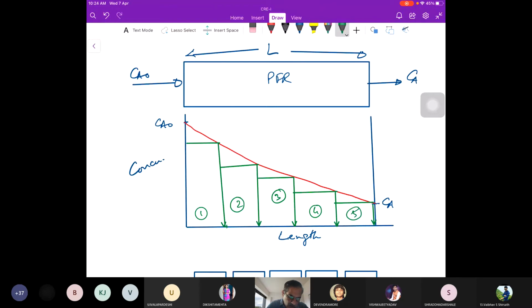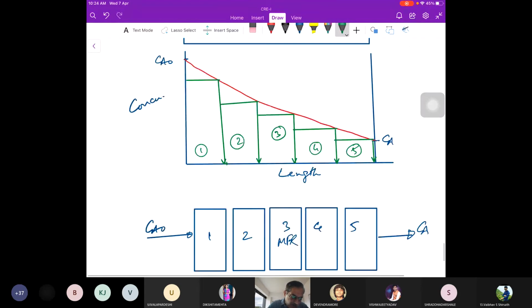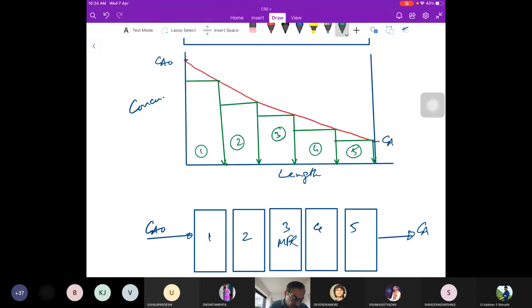Right. So this is how it happens. In MFR, it suddenly drops here. It becomes CA1, CA2, CA3, CA4, and then CA. So this is CA1, and it is CA.